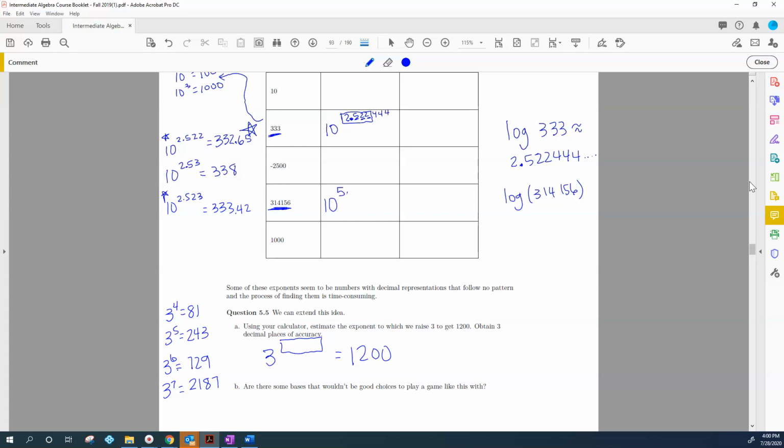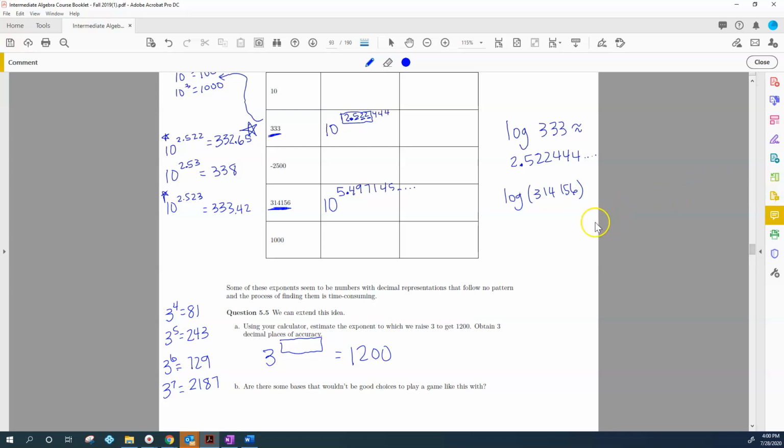So 5.497145, blah, blah, blah, and it keeps going and going, right? But it's so much easier to use those log buttons to figure this out.